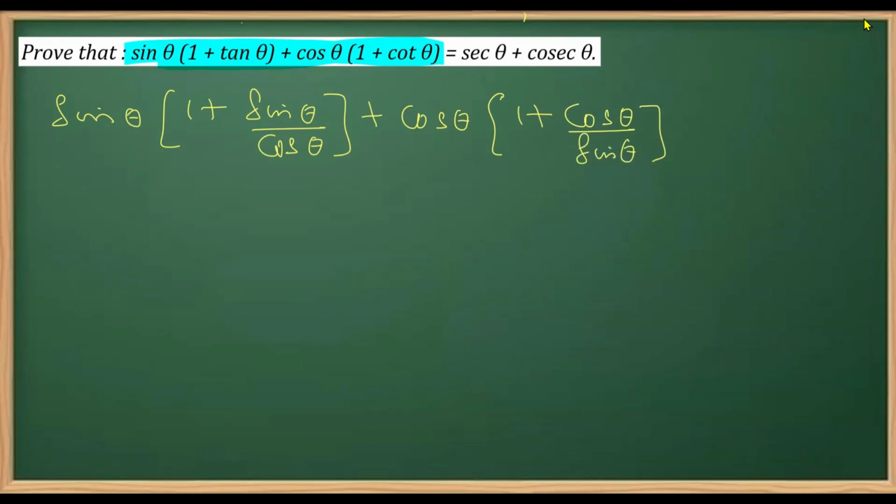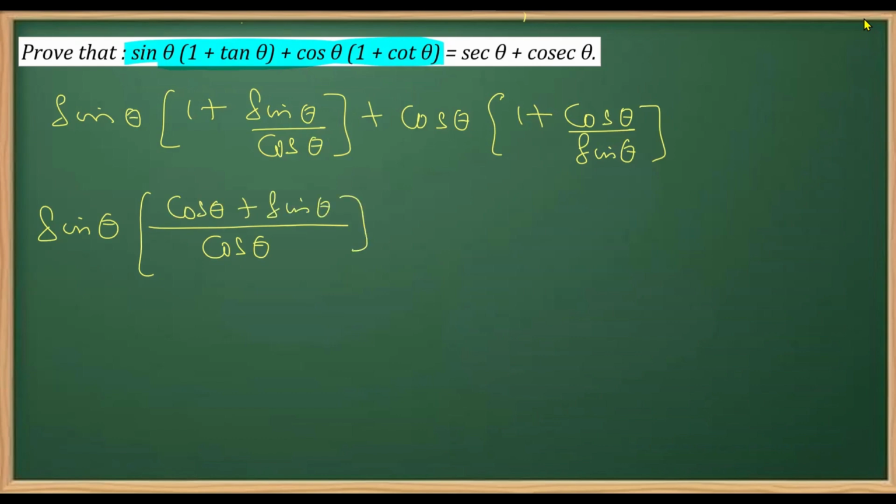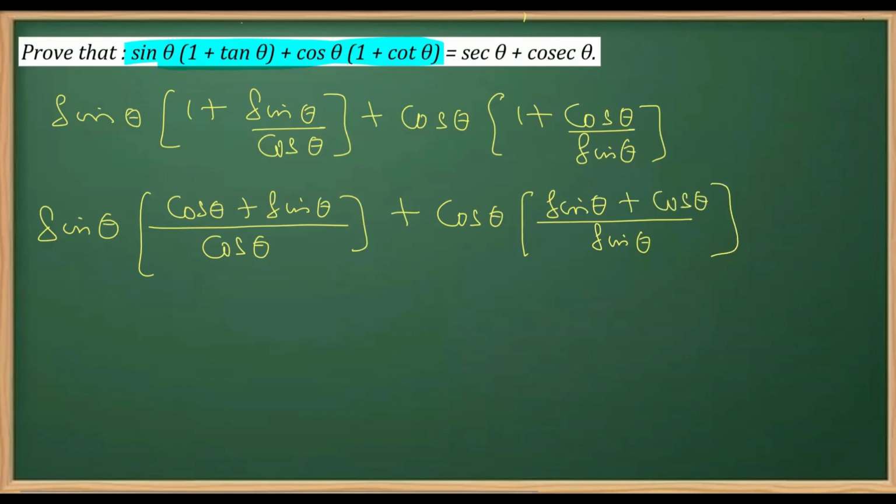Now next we are going to take LCM over here. Sine theta is as it is. If I take LCM over here, it's going to be cos theta, so 1 multiplied by cos theta is cos theta. So this is cos theta plus sine theta. On the other side, we have cos only, and LCM is sine theta. So we'll keep sine theta, and this is 1 multiplied by sine theta, which is sine theta plus cos theta. Now what you have to check here is that cos plus sine is common.